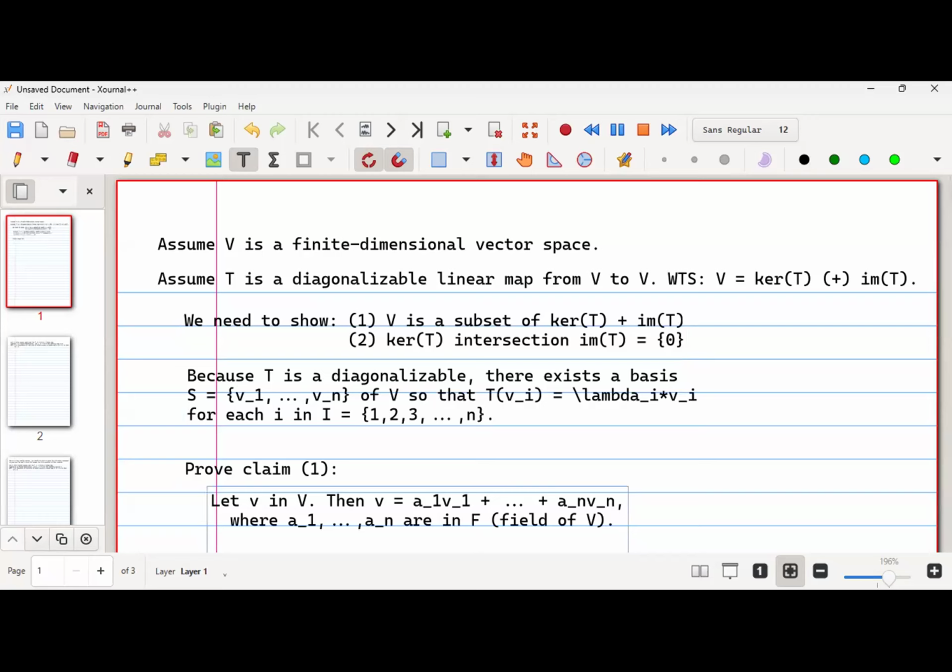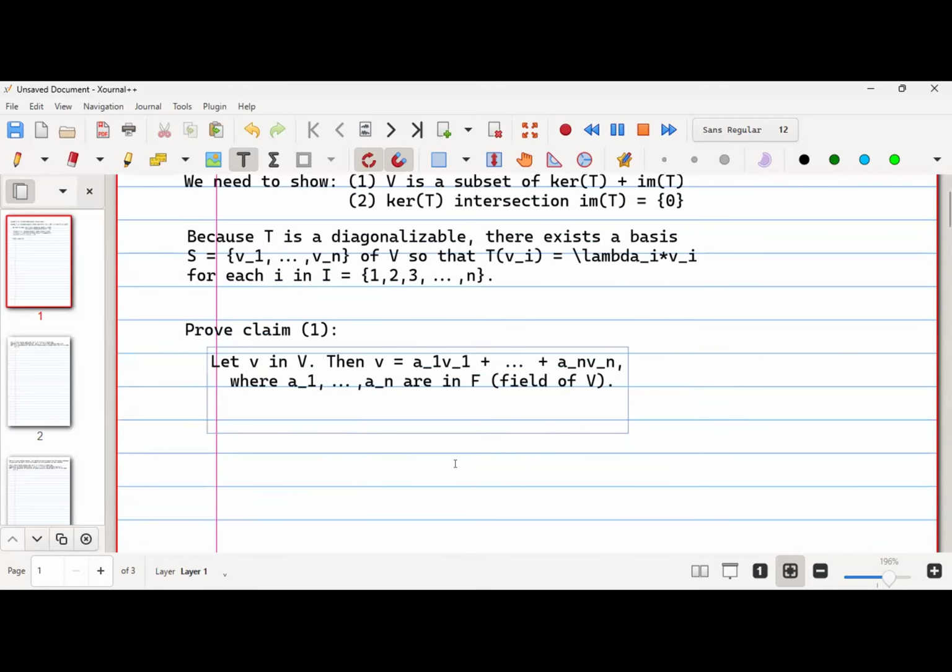If we think about it for a sec, I'm just going to write something rough here, but let's say T(v_1) is equal to 0. We're not including this in our final proof, I'm going to erase it later, but let's just say hypothetically this is the case. Then because v_1 is an eigenvector that corresponds to lambda_1, we get something like this.